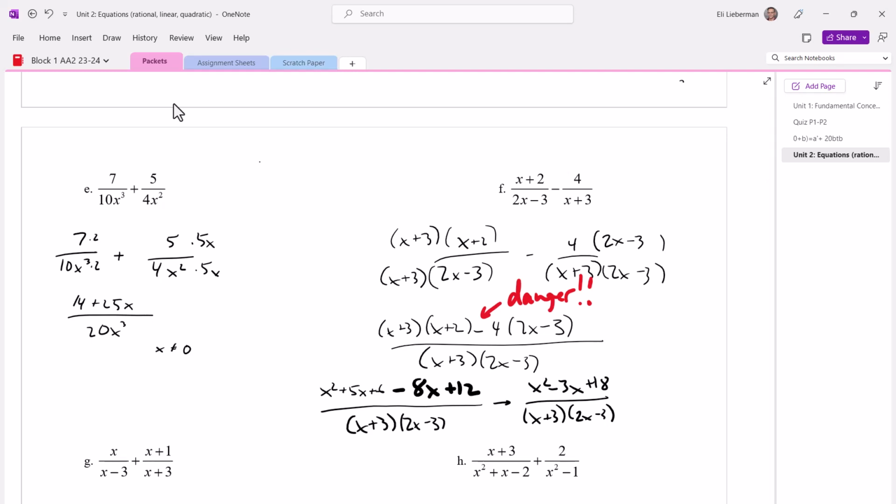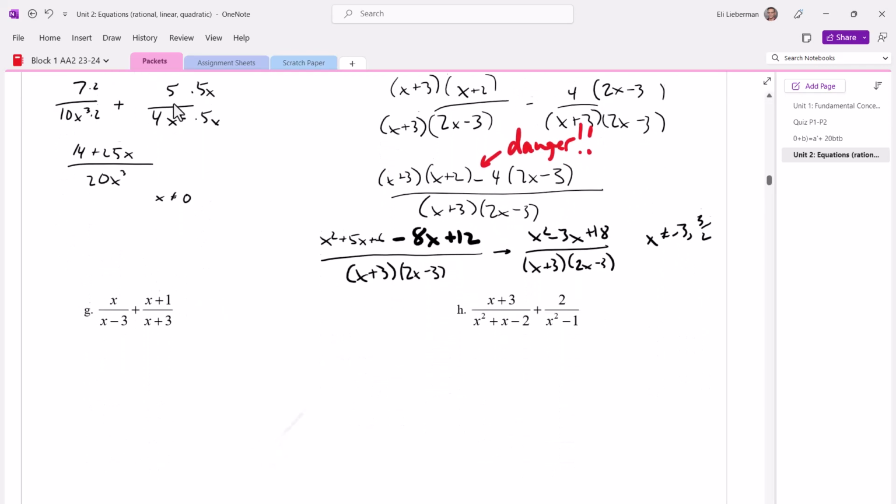I think we're done. X cannot equal negative 3 or 3 halves. If it doesn't say to include that, you don't have to. I'm just trying to be complete here.